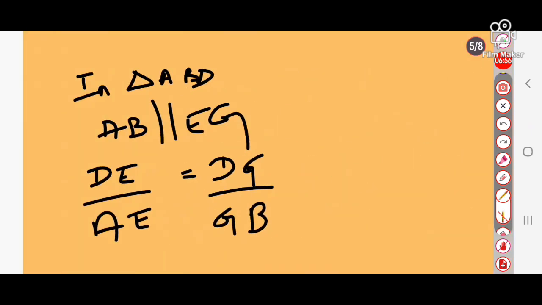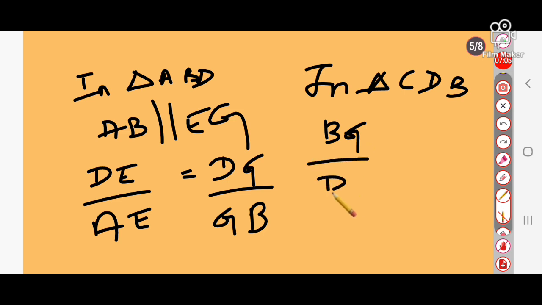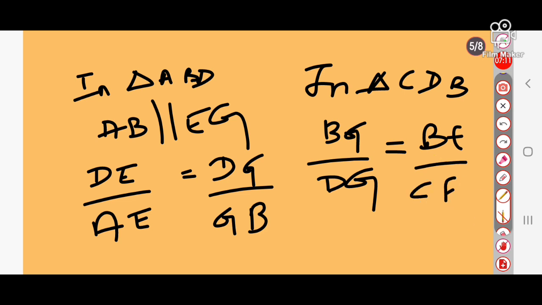Similarly, in triangle CDB, we get BG by DG equal to BF by CF. This can again be written as DG by BG equal to CF by BF.